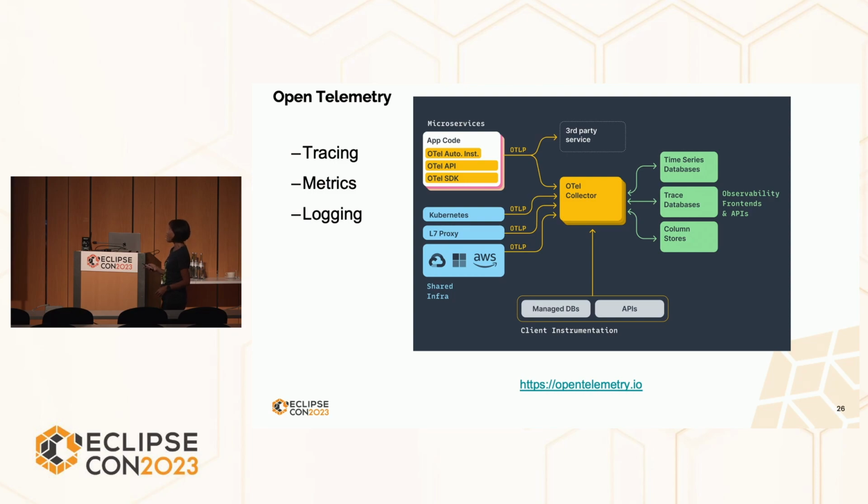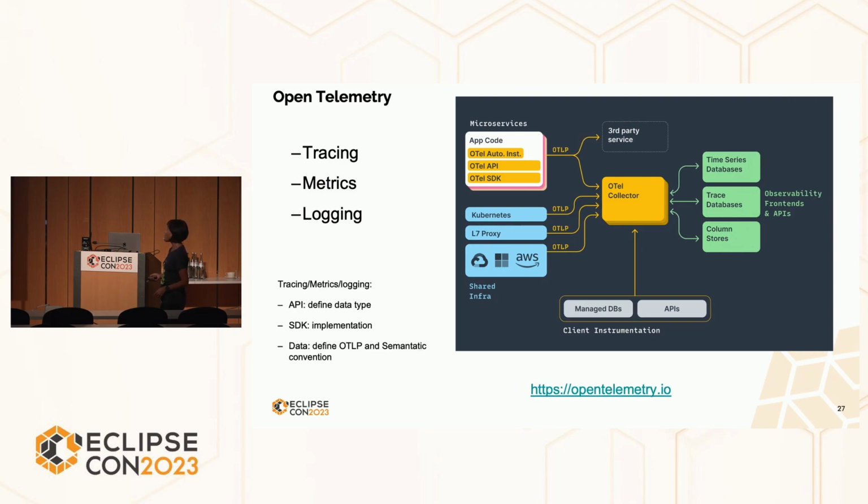This is how OTel works. In particular, it has tracing, metrics, and logging, three things. It also comes with APIs, and the SDK is the implementation for these APIs. It also defines other things like the OTLP protocol and semantic conventions, basically for the property names, metric names, and so on.